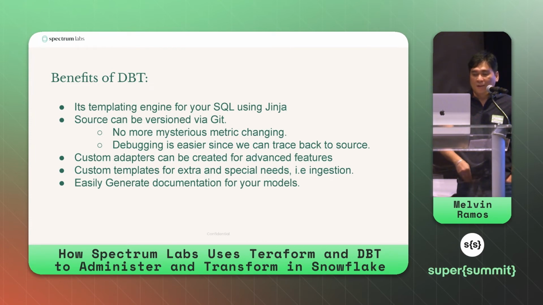If we need to change the behavior of Snowflake, for example, we can create custom adapters. The custom templates are also good, which is what I was mentioning earlier. We are using this and easily generating the documentation for your models. This explains what the metrics are and where the tables are. It's easier for your data analysts to find where things are and how they get created.